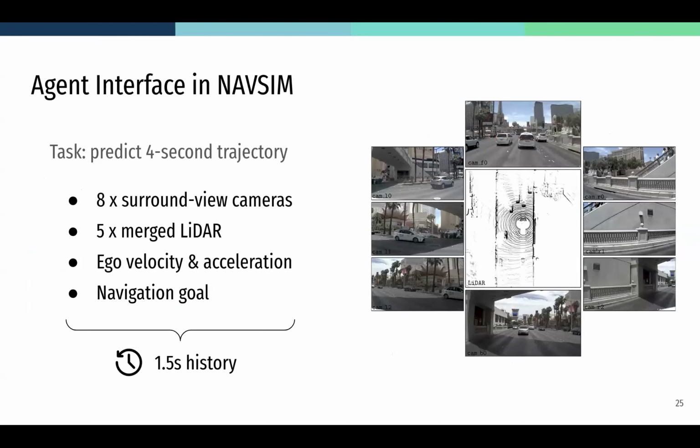We also set up this very standard interface with a task that is well aligned with what state-of-the-art models do today, and which provides access to inputs that are quite standard for driving algorithms today.